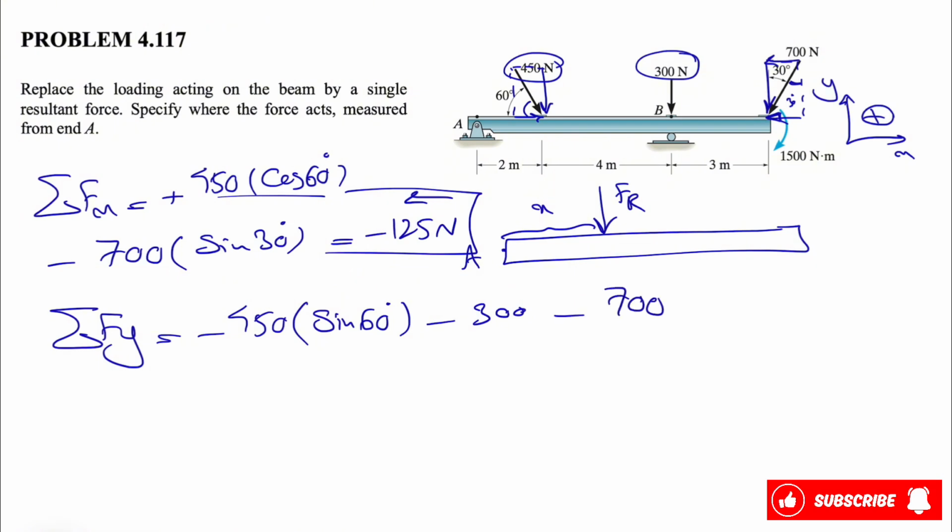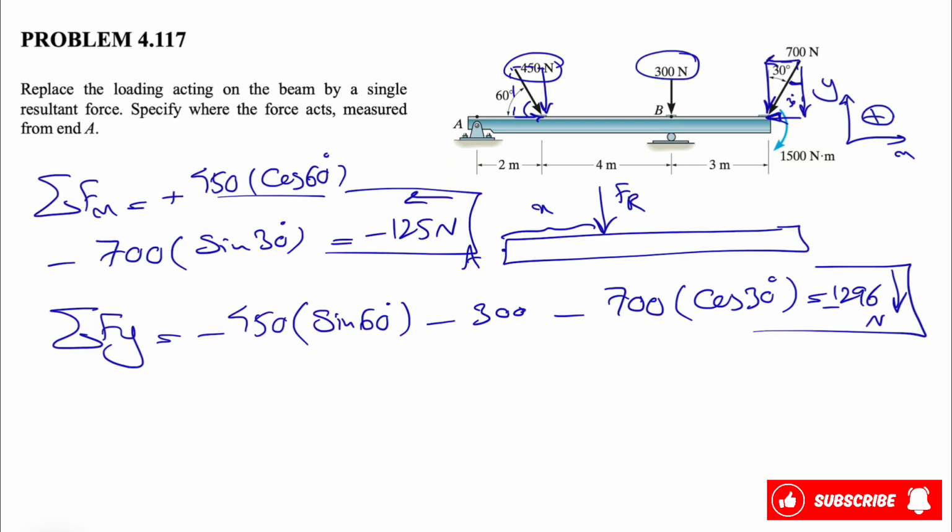Again, it's downward, and this time we will have cosine of 30. If we calculate this, we'll get negative 1296, which shows it's downward, and the unit is Newton.